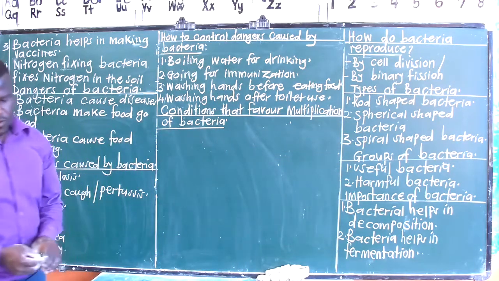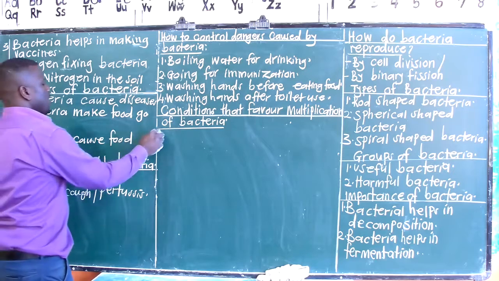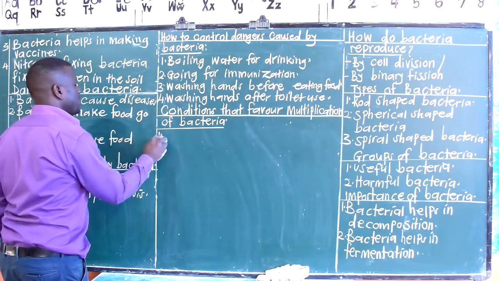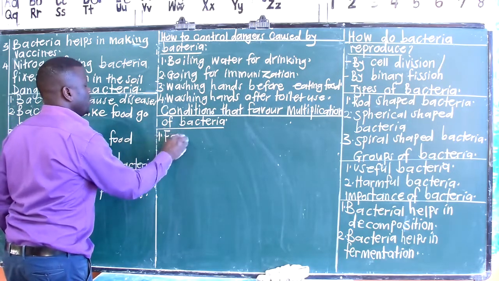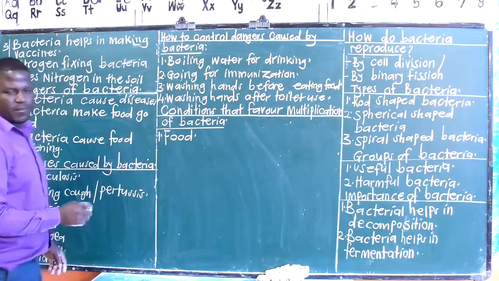Now we have 3 conditions. 1, before bacteria multiply, there must be food, because they need to feed.